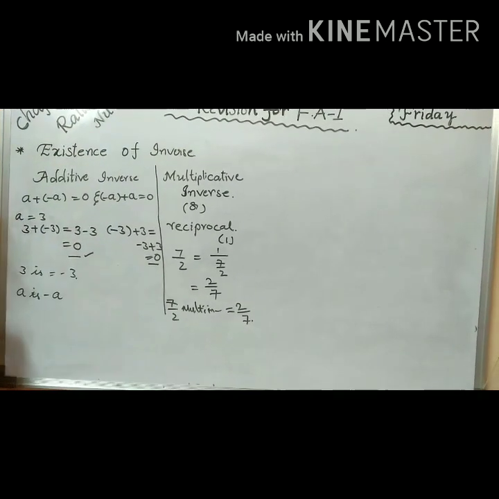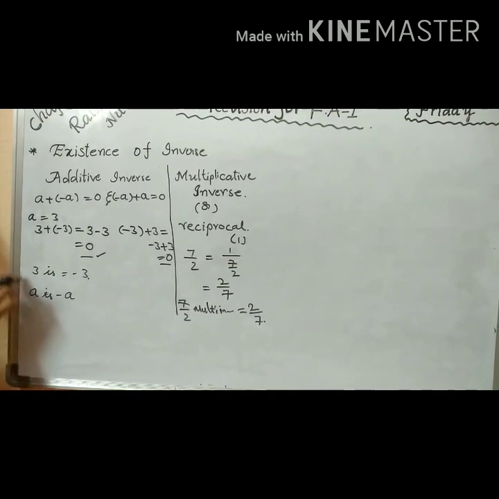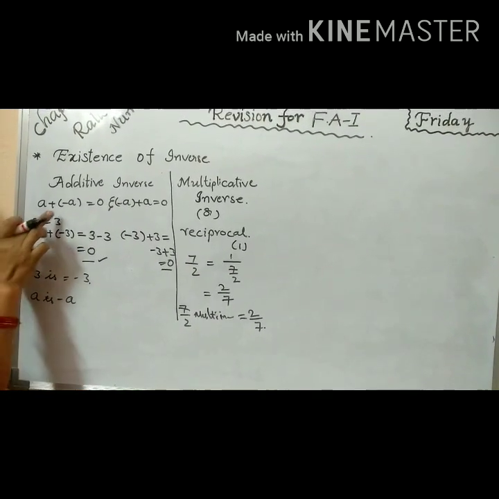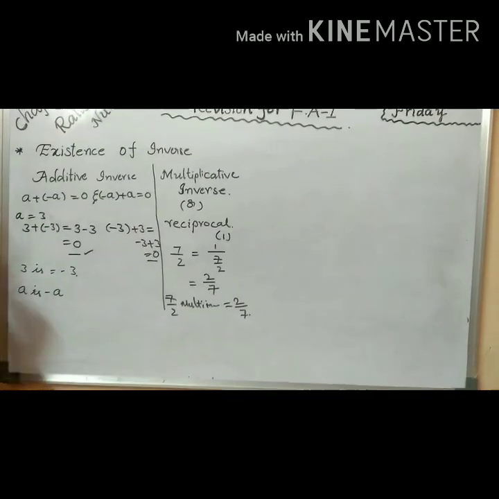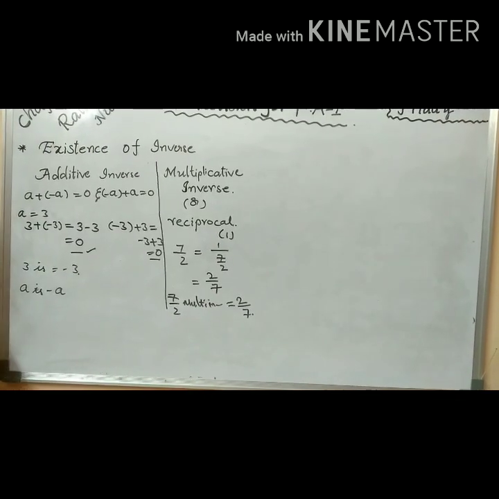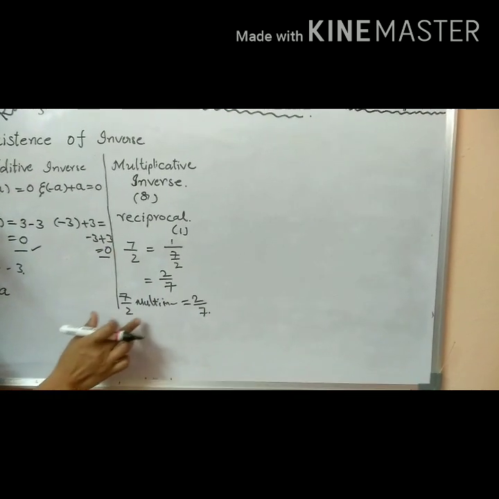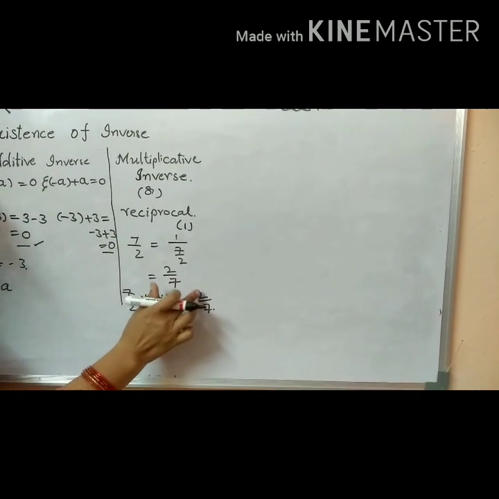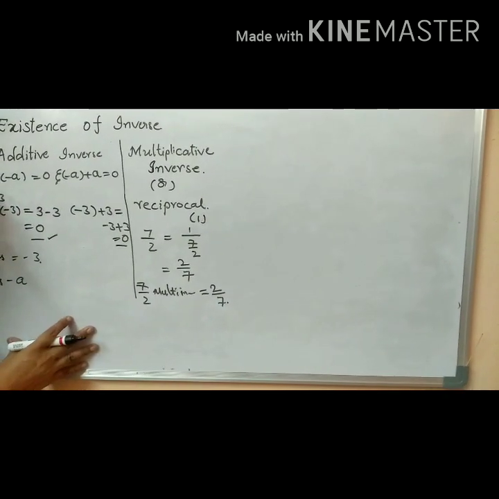Minus 3 plus 3 equal to 0. So the additive inverse of A is minus A. The additive inverse of 3 is minus 3. In the multiplicative inverse, the reciprocal of 7 by 2 is 2 by 7. Did you understand, children, these two cases?